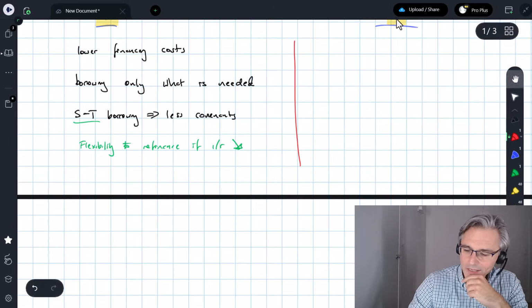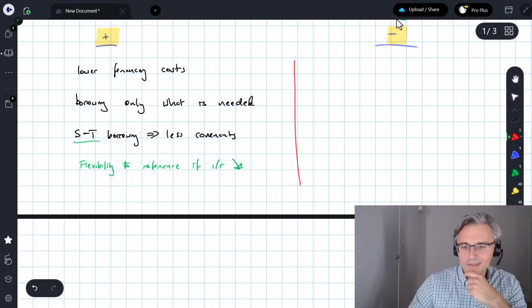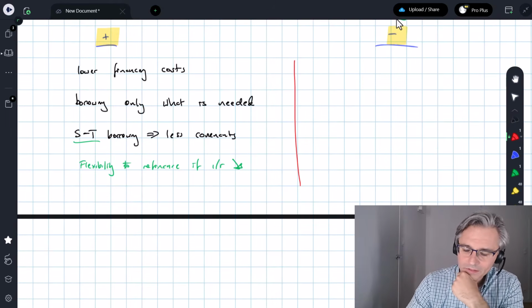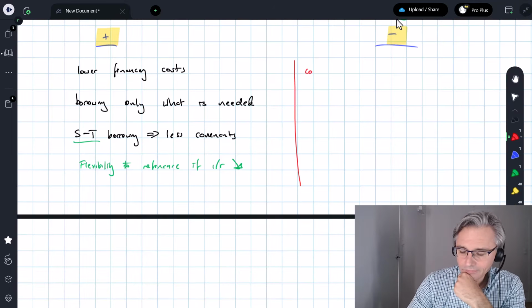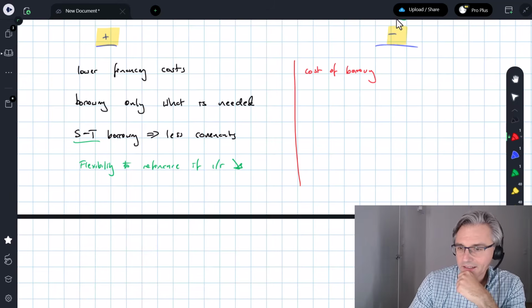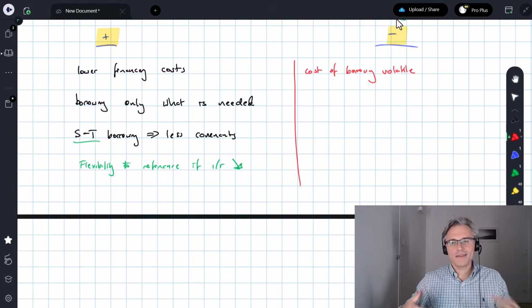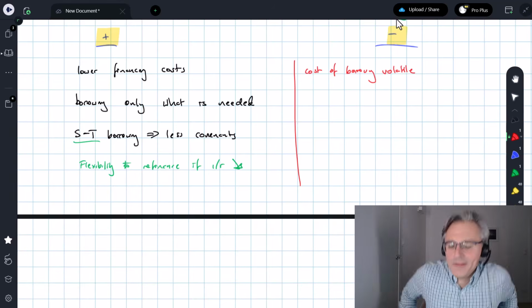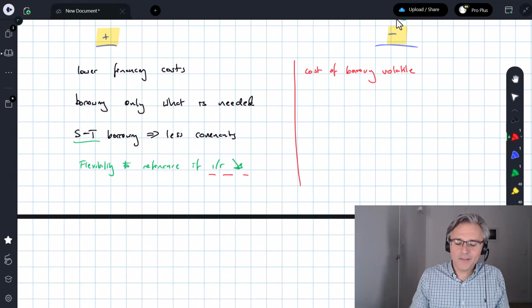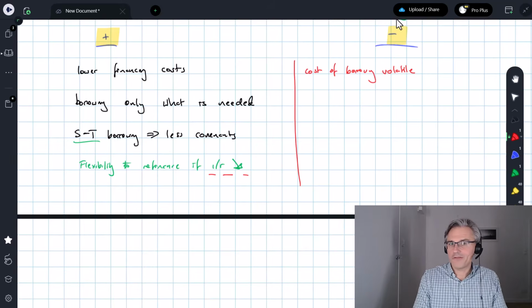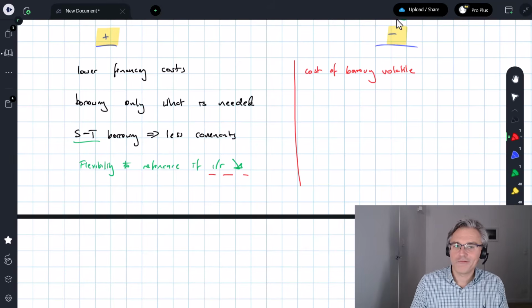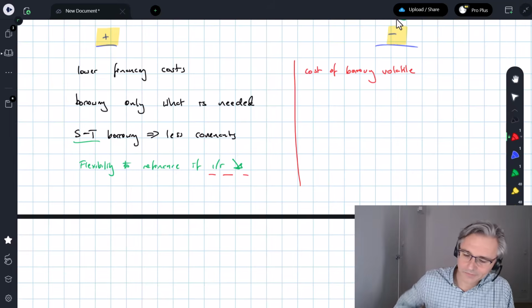And there are plenty of downsides to this approach. The cost of borrowing here is volatile because we're constantly forced to refinance at new rates, and whilst on the one hand that gives us the flexibility to refinance if interest rates drop, who says interest rates have to drop? They may just as well go up.